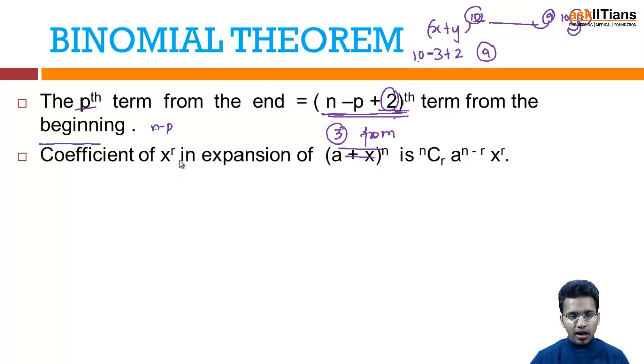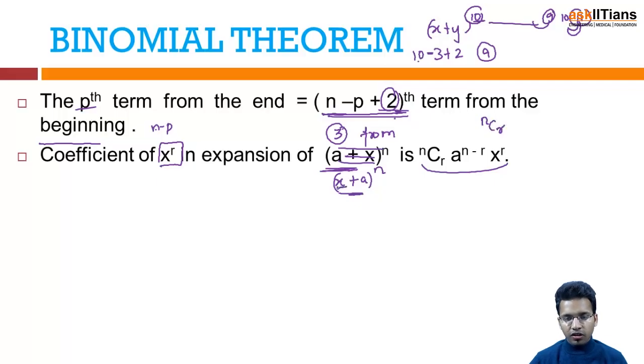the coefficient of x raised to power r, again to be carefully noted. X raised to power r in this form, again as I said, you can go either way. We'll see. Again, this is better if I put it like this, x raised to power a raised to power n. We will see that ultimately these both will be the same. But again, if I look at this, I said the general term will be NCR, where the first term will be x raised to power n minus r, and the second one will be a raised to power r.